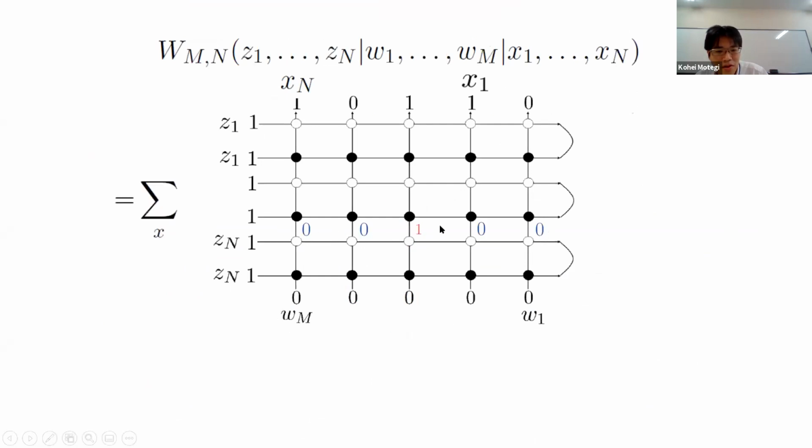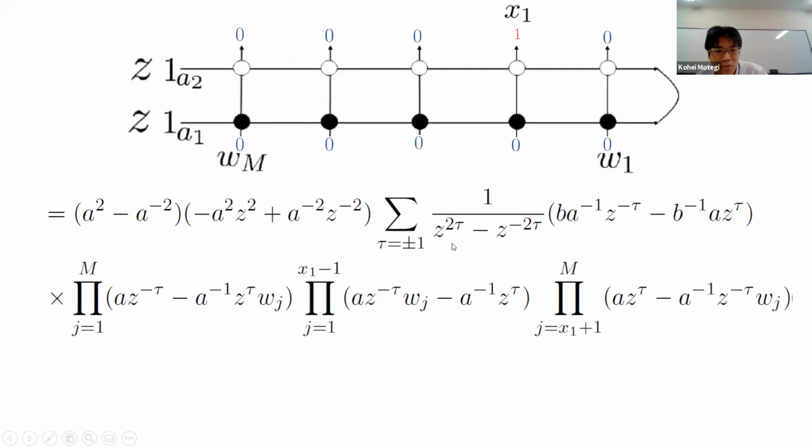If you look at this part, only one is here, and the rest are zero. So this partition function can be decomposed like this. And if you look at this bottom part, I showed the explicit representation for this one particle case.